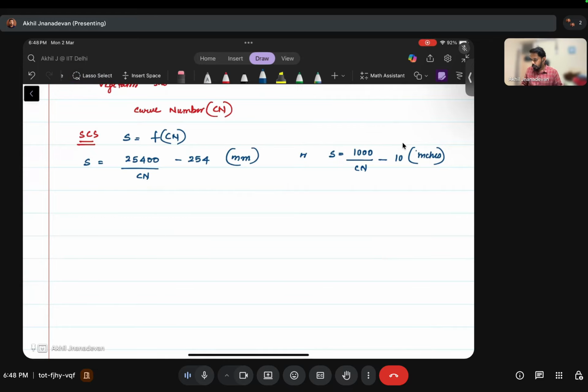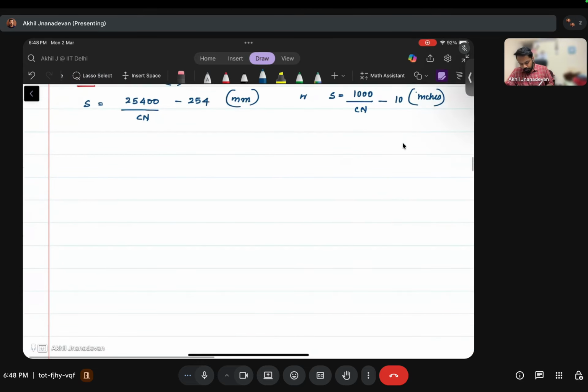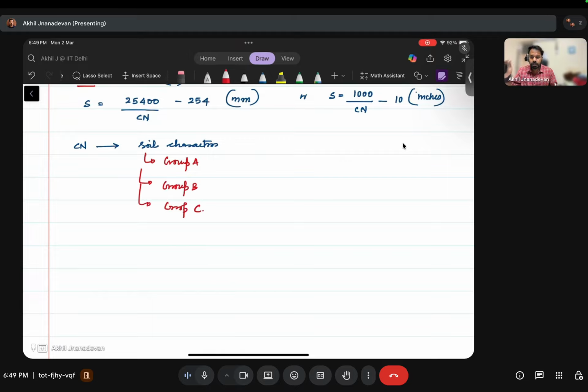This curve number depends on a number of factors. One is soil characteristics. For different soil groups, they are made into different groups: group A, group B, and group C. For each group, we will have a different curve number.